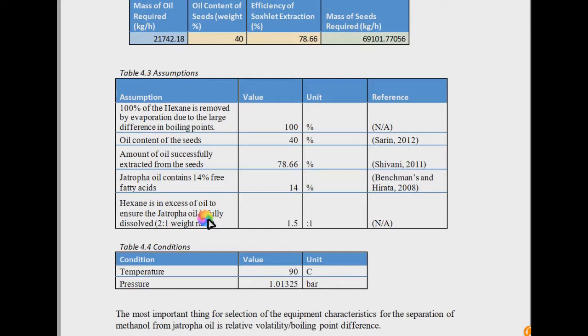Most of the time the seeds are crushed to extract the oil, but it is an expensive technique and you can lose a lot of oil in mechanical presses.